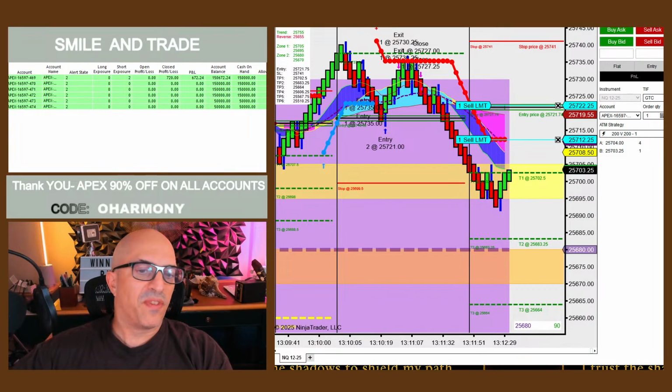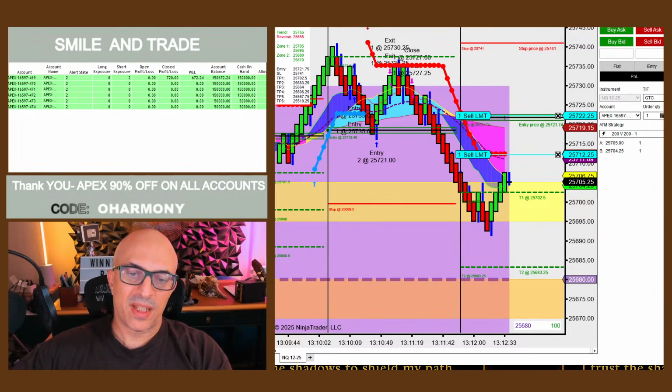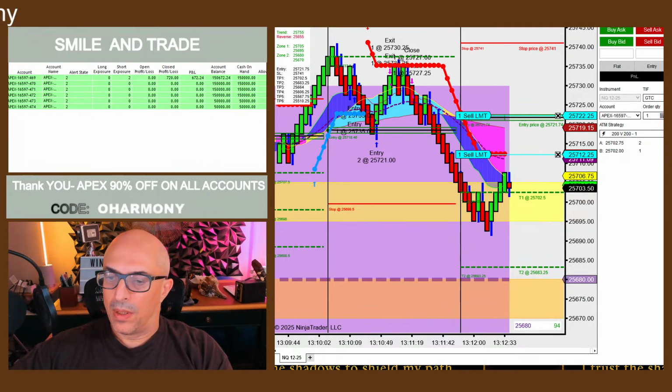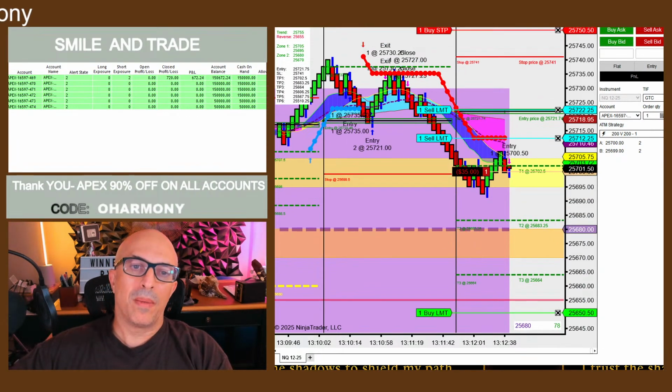There's a 50 NT Rinko captain setup short, 70 NT Rinko captain short. I'm going to take 1 here and see if I can add to it.